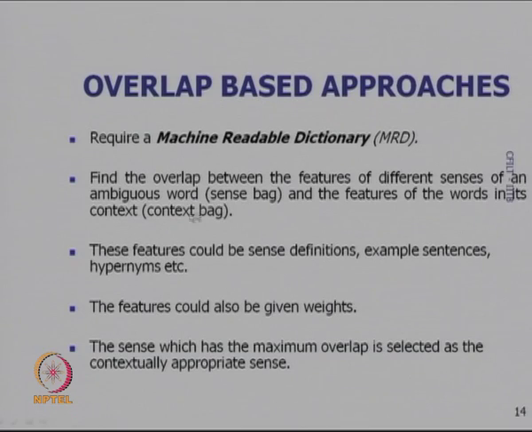So, sense bag and context bag, and the overlap between these two bags decides the winner sense of the word. These features could be sense definitions, example sentences, hypernyms, etc. And the features could also be given weights. The sense which has the maximum overlap is selected as the contextually appropriate sense.